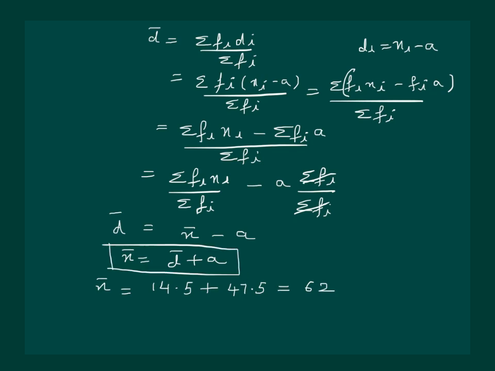We should remember that in assumed mean method, mean is given by mean deviation plus a. Let us now move to step deviation method of finding mean of group data.